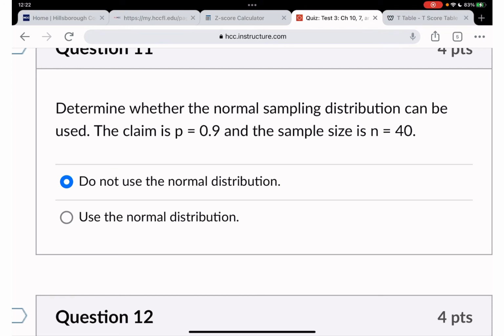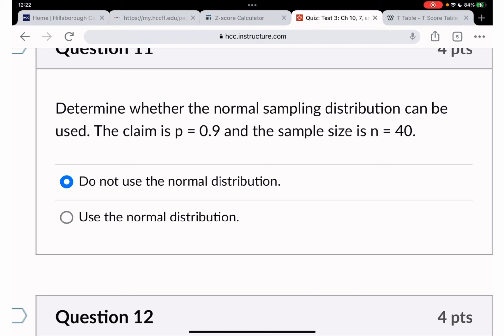Remember from the homework, chapter 8.2, I think, we had to satisfy the condition n times p has to be greater than or equal to 10. In our case, 0.9 times 40 is going to be 36.